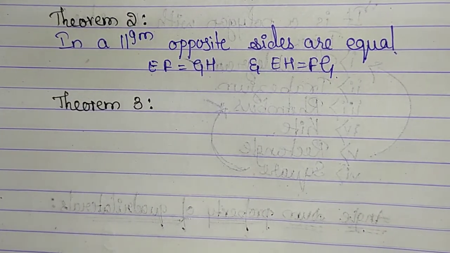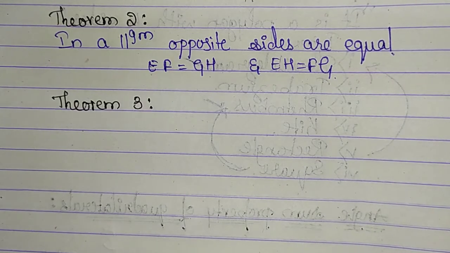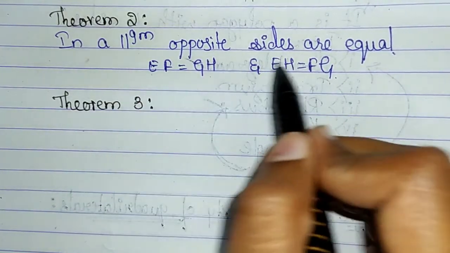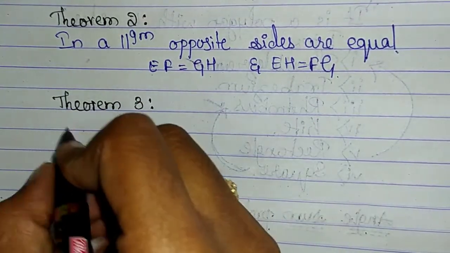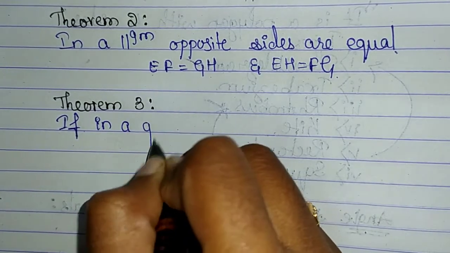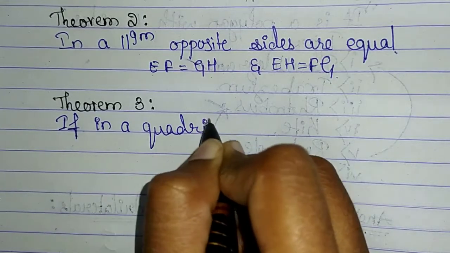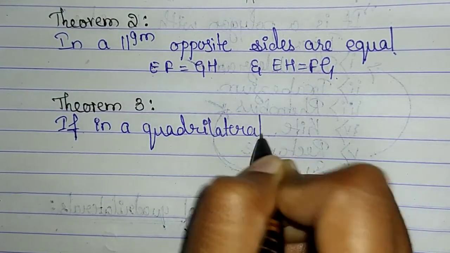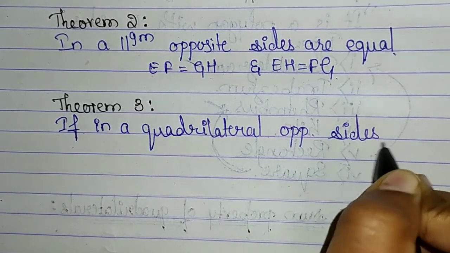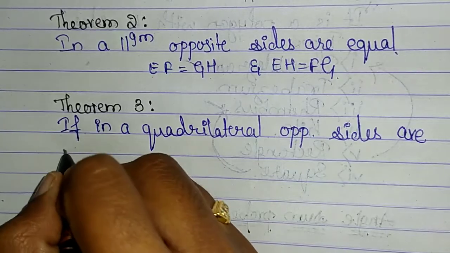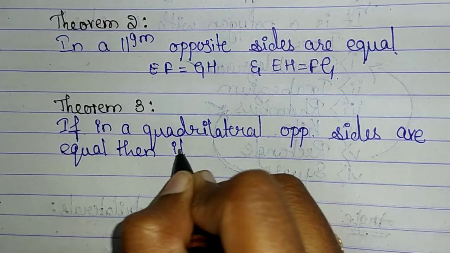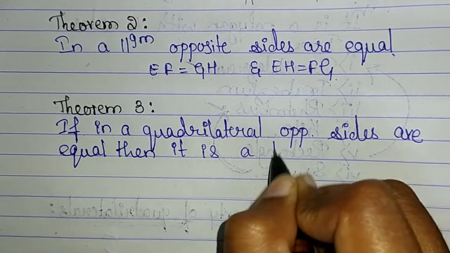Third theorem is the converse of the second theorem. In the second theorem we said that in a parallelogram opposite sides are equal. So theorem 3 says that if in a quadrilateral opposite sides are equal, then it is a parallelogram.